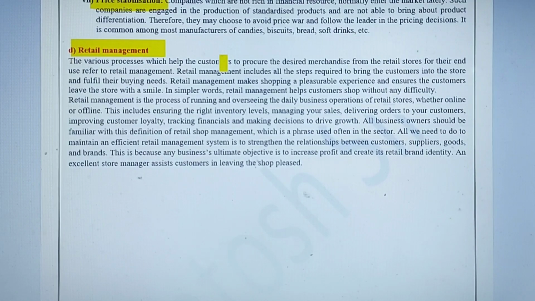This retail management is done by big super bazaars or supermarkets, where the turnover is high and also the investment is high. So they have to appoint some specialist marketing people. They do retail management because there are different functions attached with it, like selling, distribution, after sales service, and logistics. So all these things you can write in this retail management.